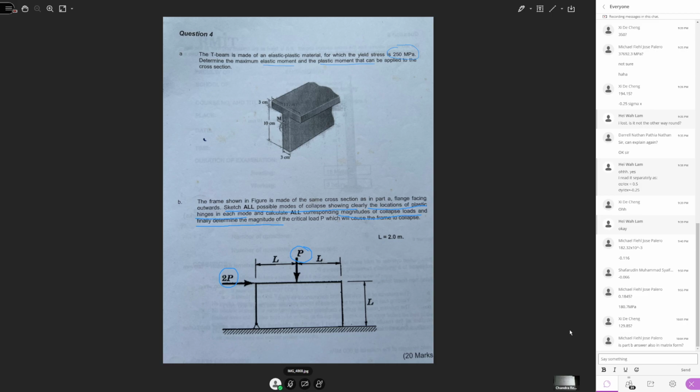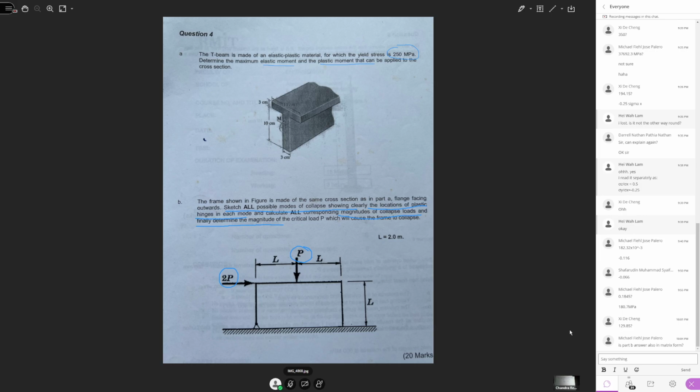First we need to identify the three collapse modes. First, we only choose the vertical load acting. Secondly, we choose only the horizontal load acting. And third, we choose both horizontal and vertical loads acting.